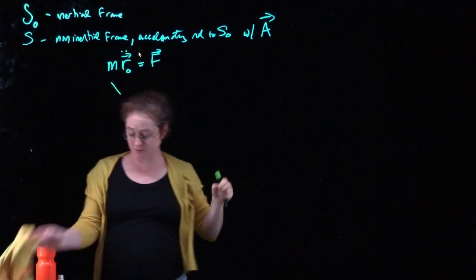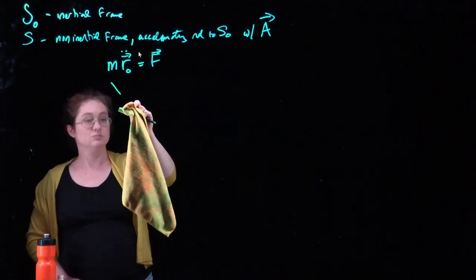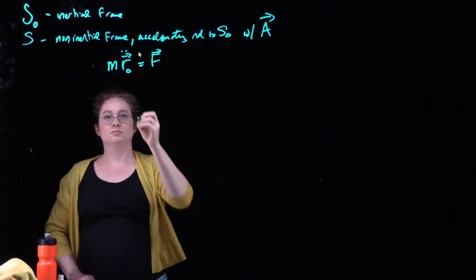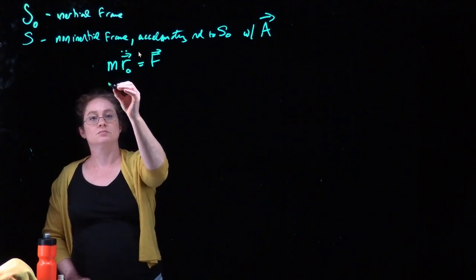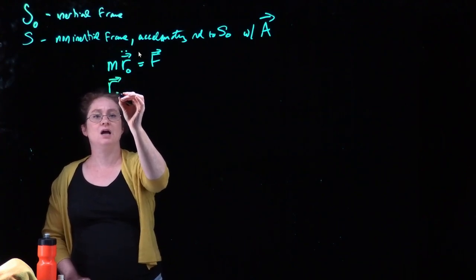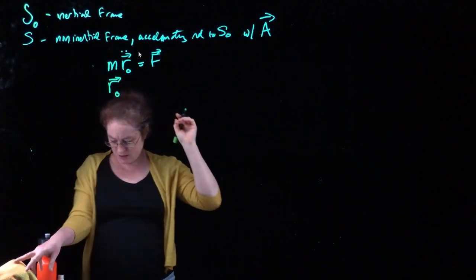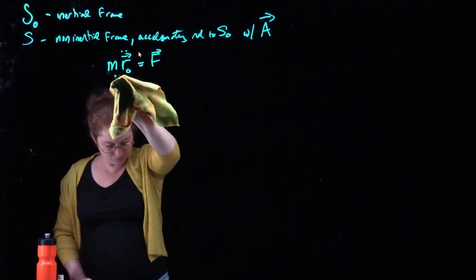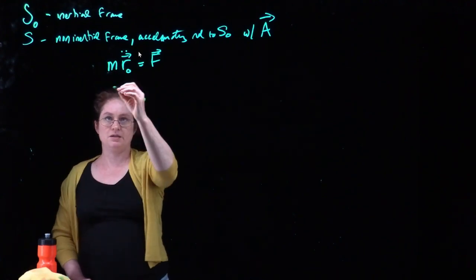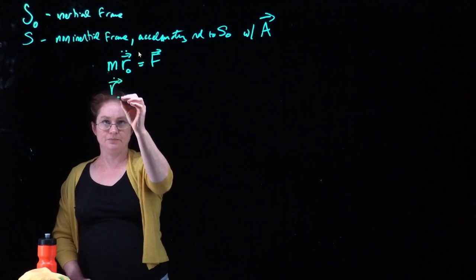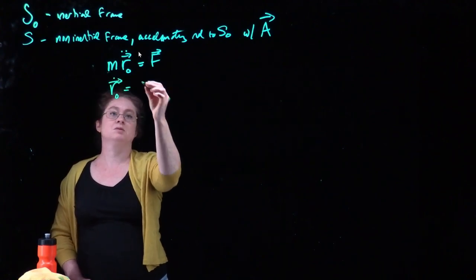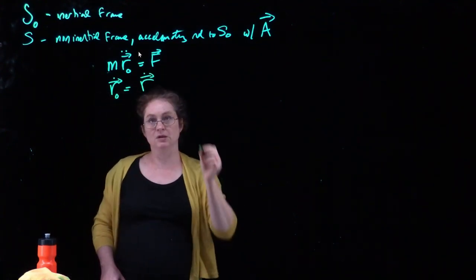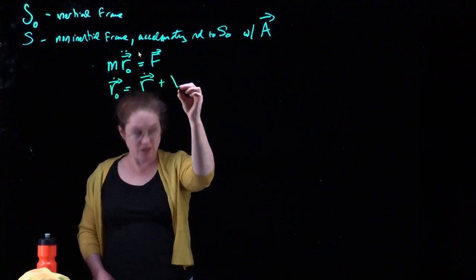So then we can write the velocity. The velocity in the inertial frame is equal to the velocity that you would measure in the non-inertial frame plus the velocity of the non-inertial frame itself.